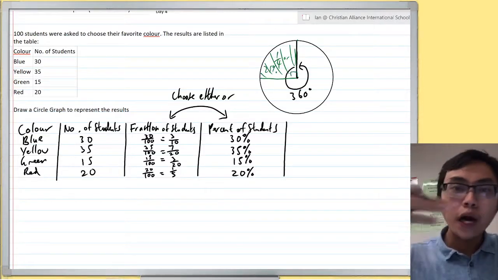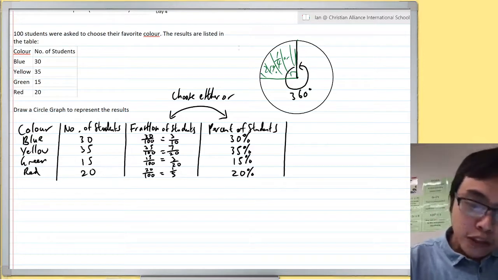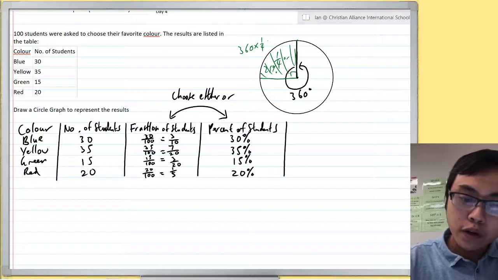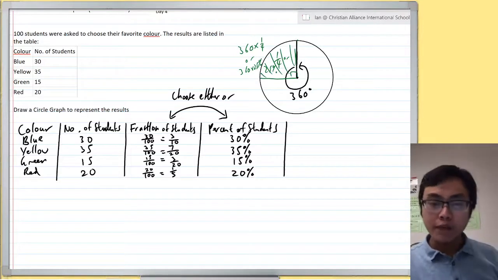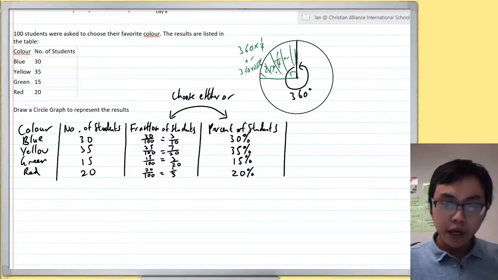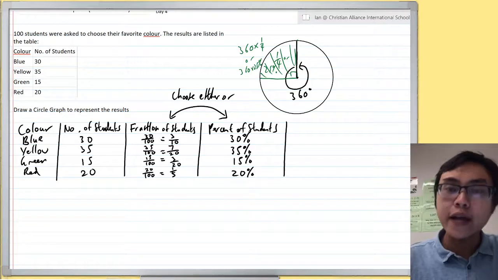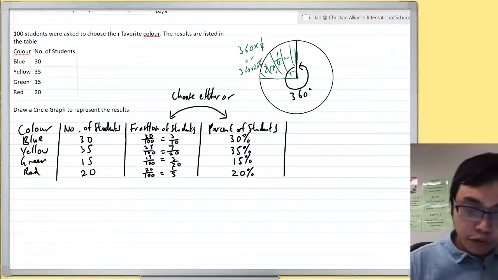How do we know it's 90 degrees? Well, it's 360 multiplied by 1/4, or it's 360 multiplied by 25%. Either way is fine, it's the same. And so hopefully we understand that, okay, I will make a note over here.